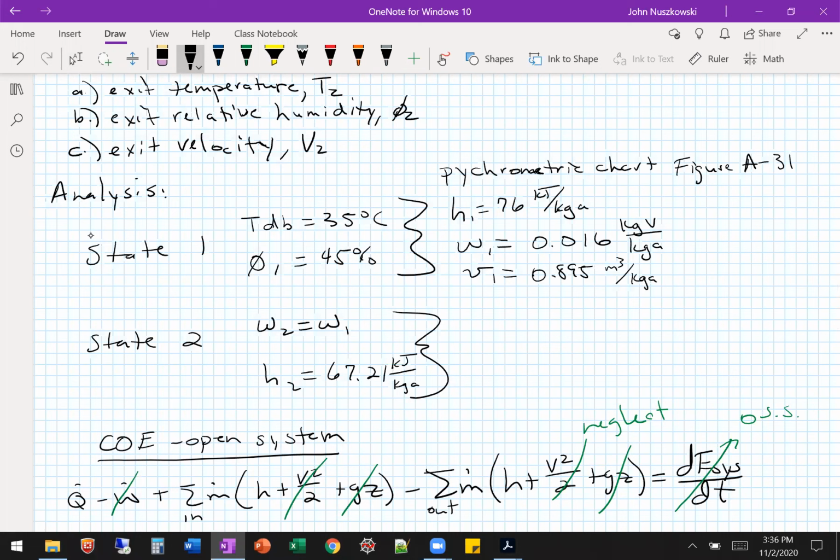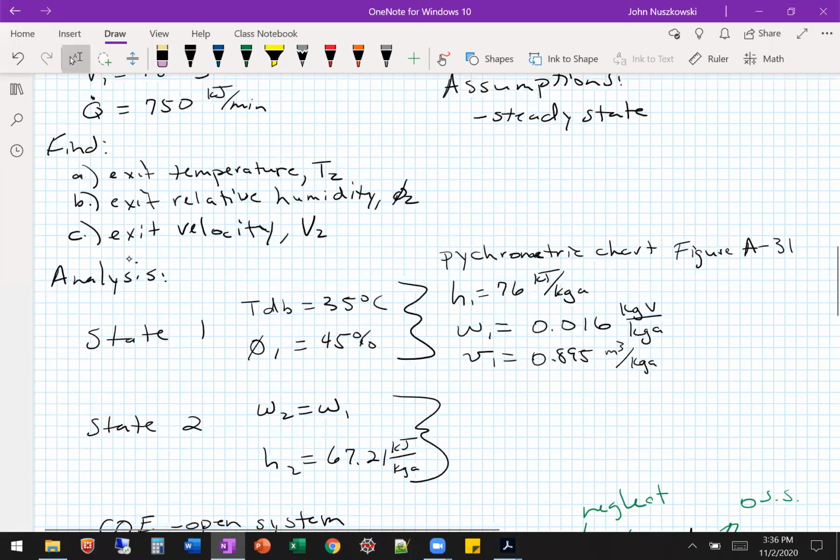So our state is fixed, and we can get everything at the outlet from two properties. Exit temperature and exit relative humidity are just two properties, so if we have these two, we can already get P2. I'll show it on the psychrometric chart in a minute.